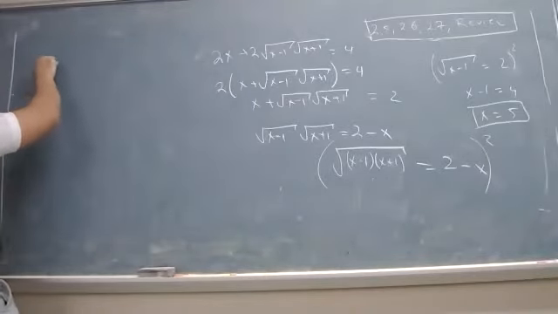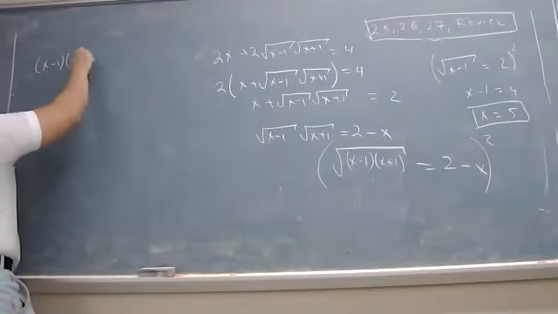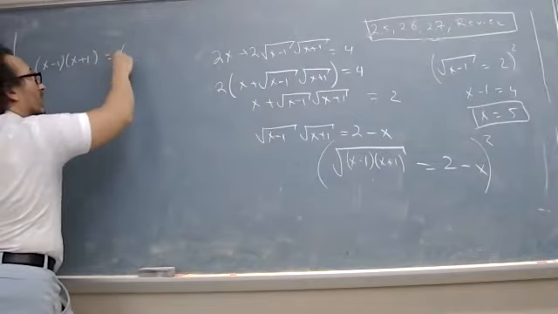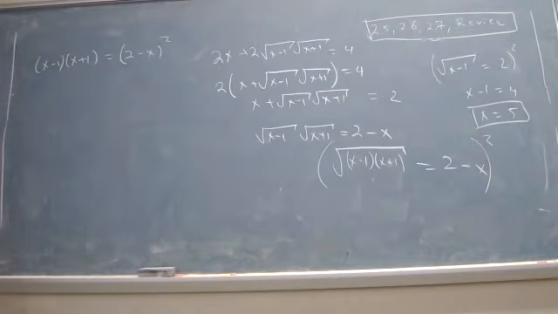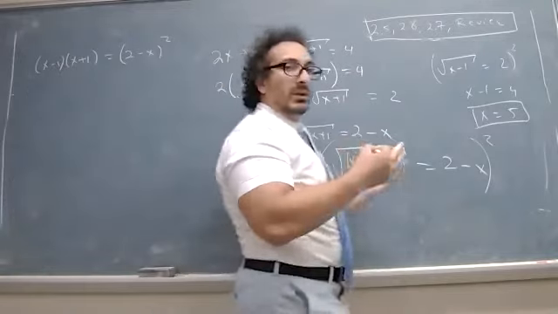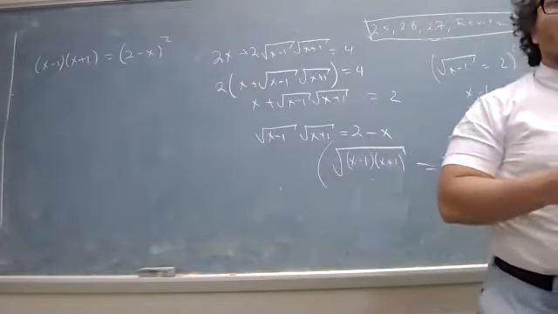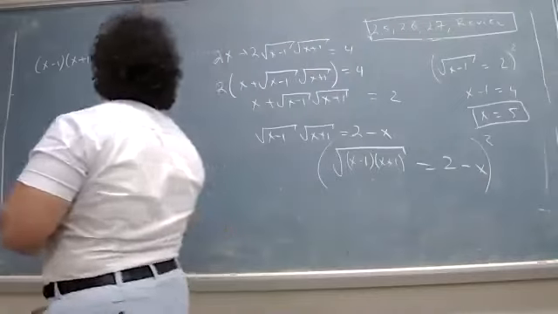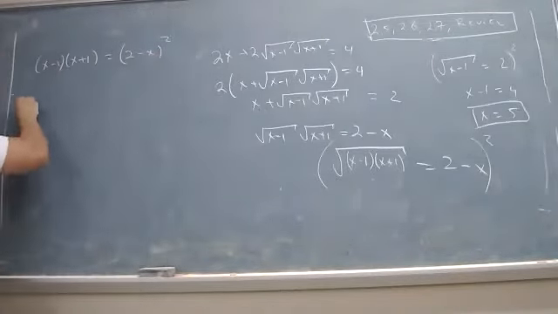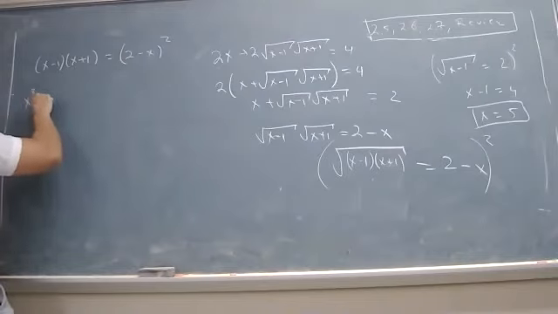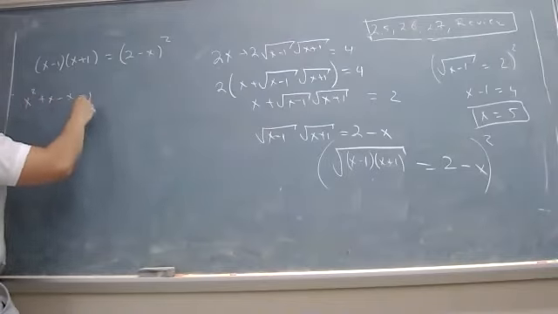So then I get this is x minus 1 times x plus 1 is equal to my quantity 2 minus x squared. So it seems like things are getting better, and they are because there's no more radicals. We can solve for x now once we FOIL both sides of this equation. So this gives me x squared plus x minus 1.